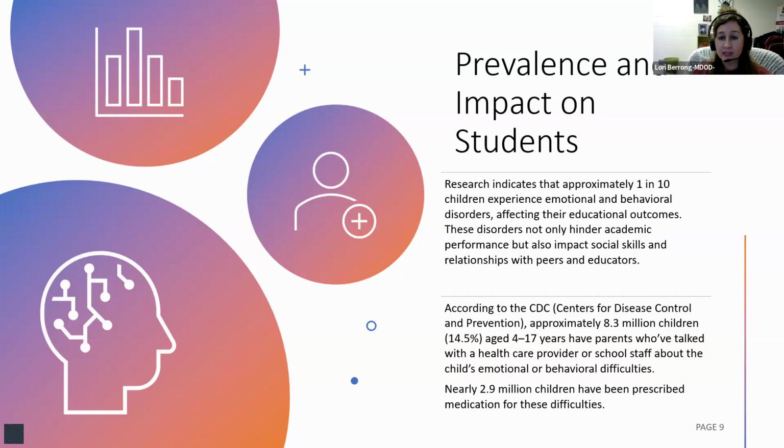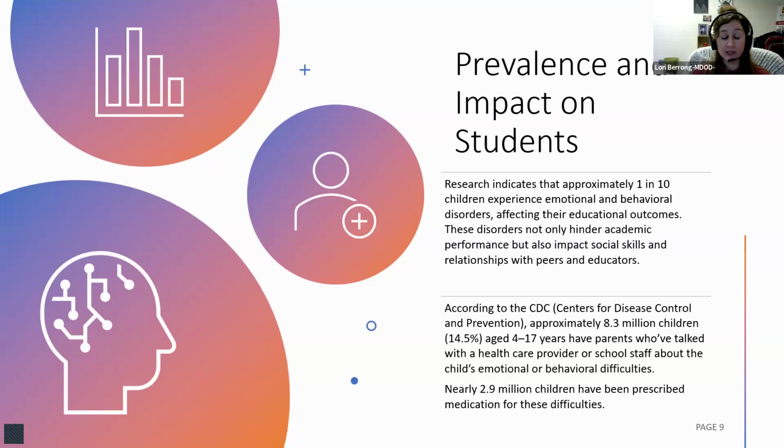And according to the CDC, approximately 8.3 million children between the ages of 4 and 17 have parents who have talked to a healthcare provider or school staff about a child's emotional behavioral difficulties. So it's a very real number. It's a very real thing.